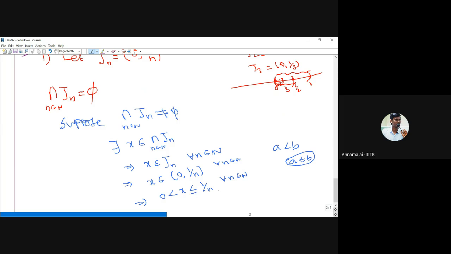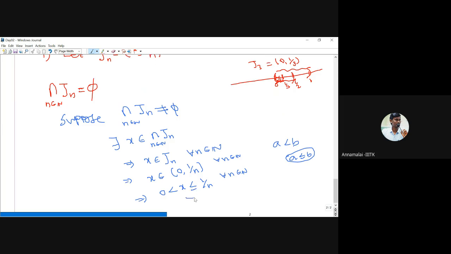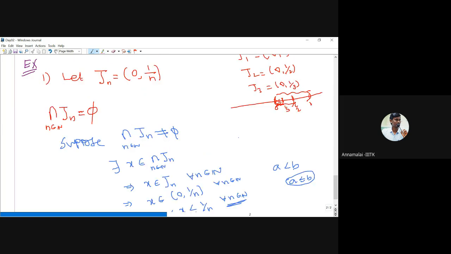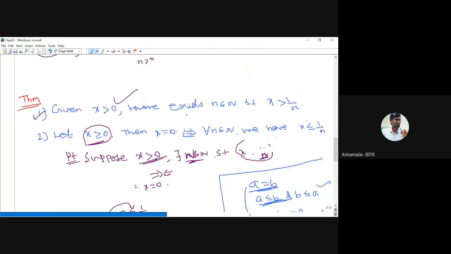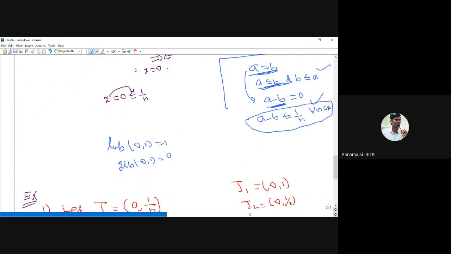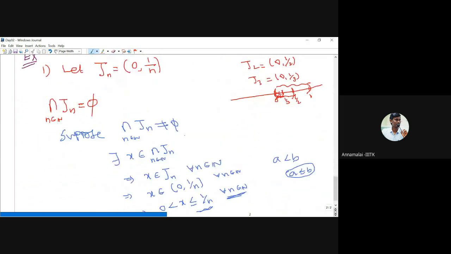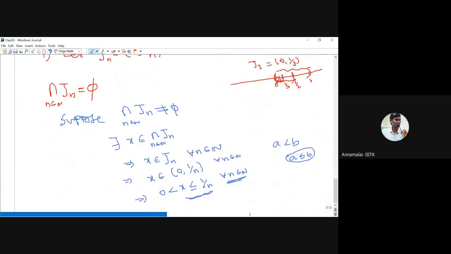It's not an issue. Now look at this inequality: the number x is less than or equal to 1 by n for all n. We already know that if a number is less than or equal to 1 by n for all n, then the number should be 0, right? Therefore x should be 0, but we know that x should be strictly positive here. So we get a contradiction.